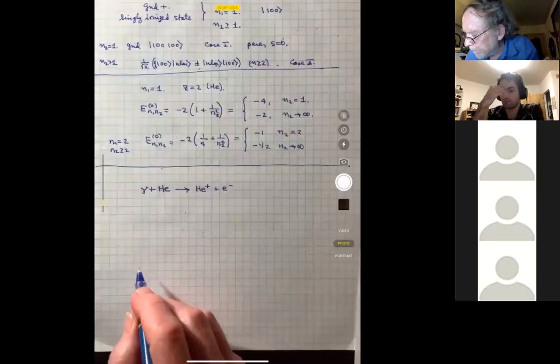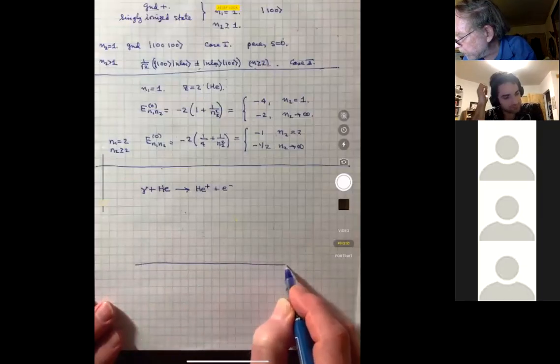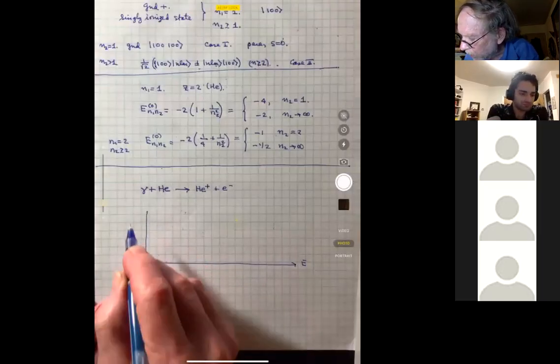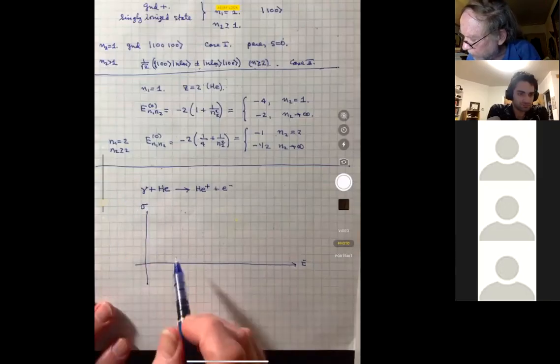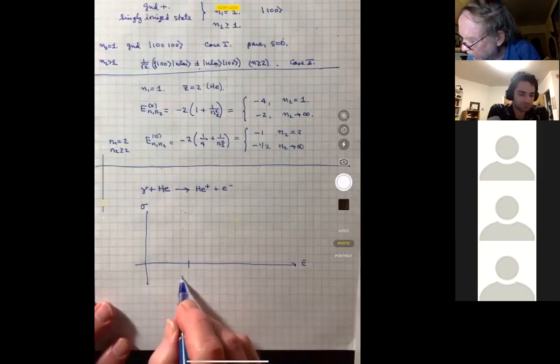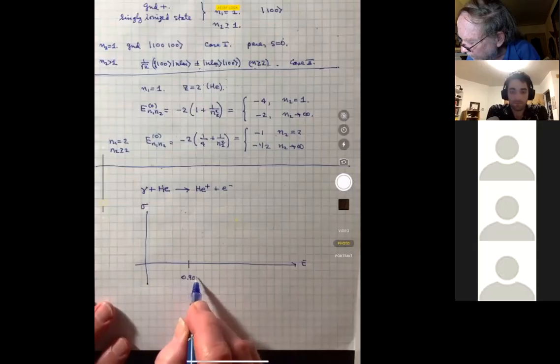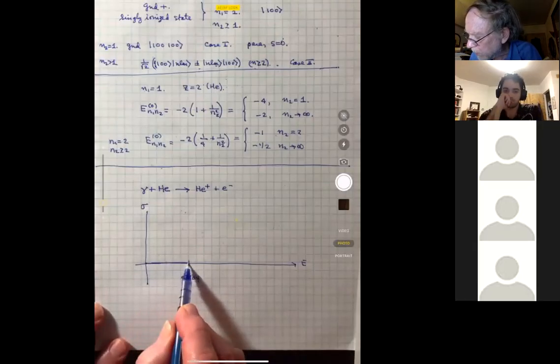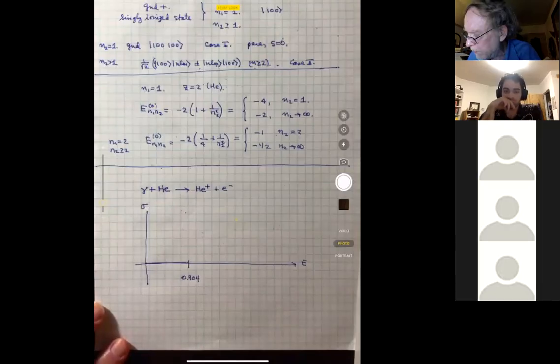So if we plot, as of course one can determine this experimentally, the cross section for this reaction as a function of energy, the cross section is strictly 0 until we reach 0.904, the ionization potential of the first electron, because there isn't enough energy.